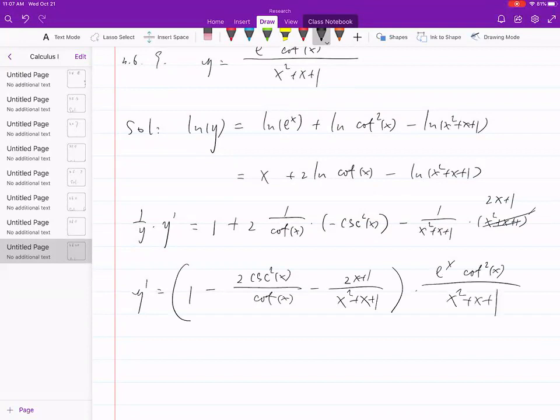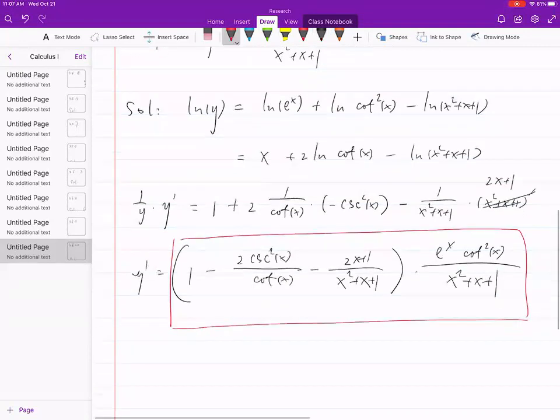That will be a good enough answer. Technically, you can still simplify here, but we really don't have any preference here, so you can keep your answer that way.